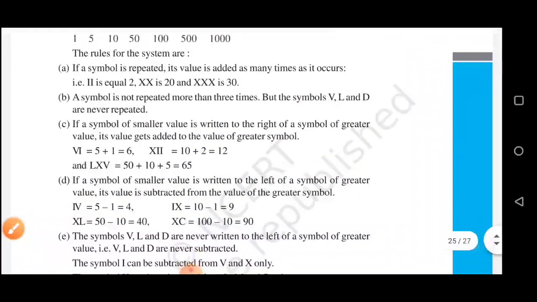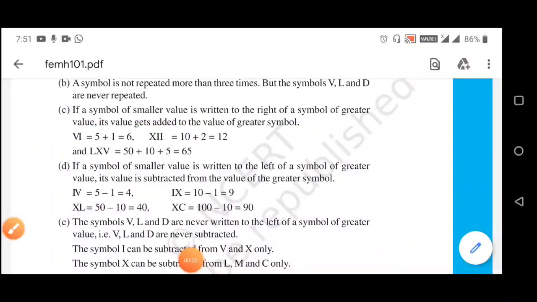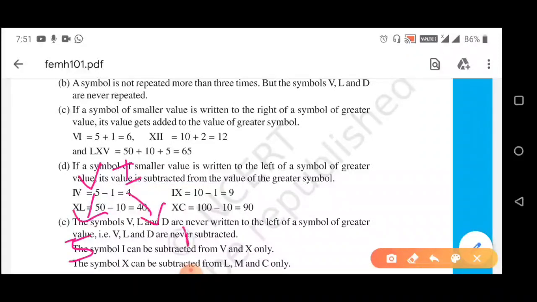The next rule is rule number 3. If a symbol of smaller value is written to the right of a symbol of greater value, its value gets added to the value of the greater symbol. That means, if we consider VI, then this V is for 5 and this I is for 1.